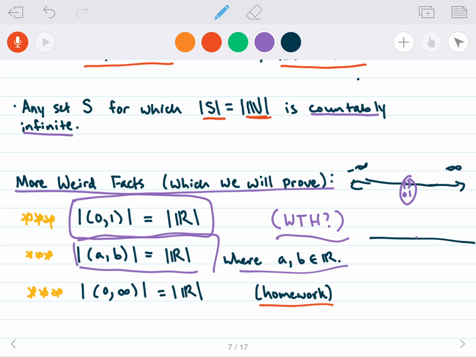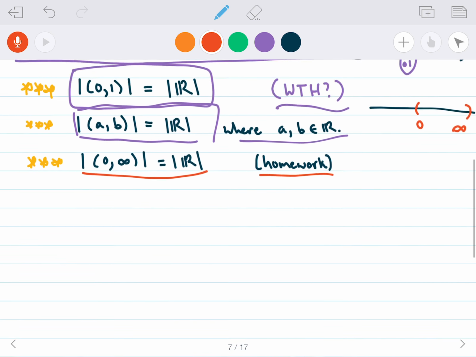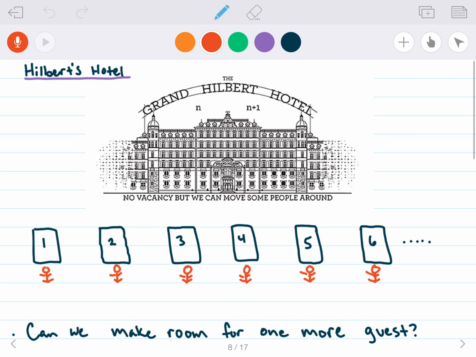And then in the homework, you're going to show that the cardinality of the open interval from 0 to infinity is the same as the cardinality of the reals. Still a shocking fact, but not as shocking as the second fact, I don't think. But yeah, that's what we're going to do.